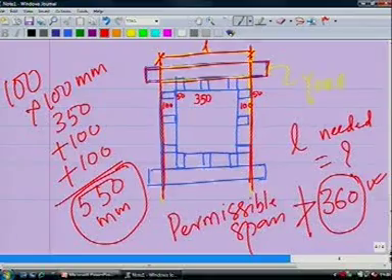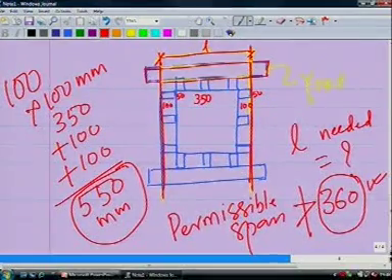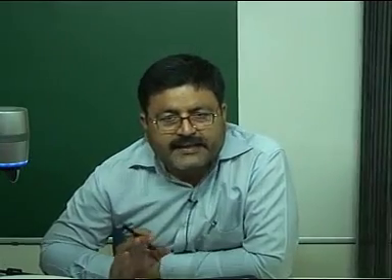So, what you will do? All your effort that you have made has resulted in an unsafe design. So, what we need to do? We need to increase the cross section of yokes. Is that clear to you?